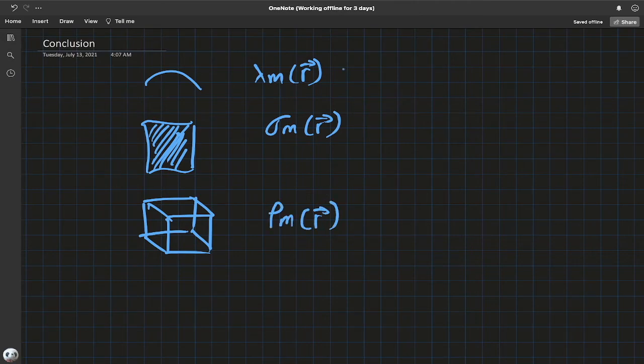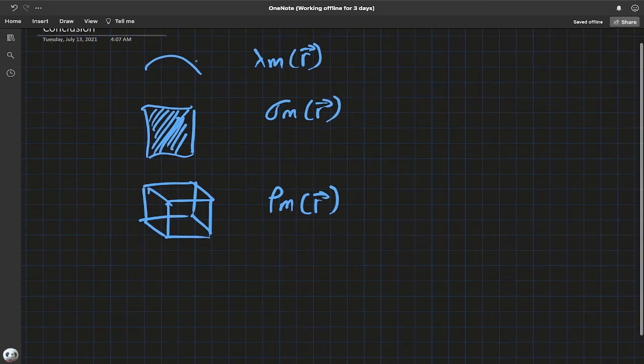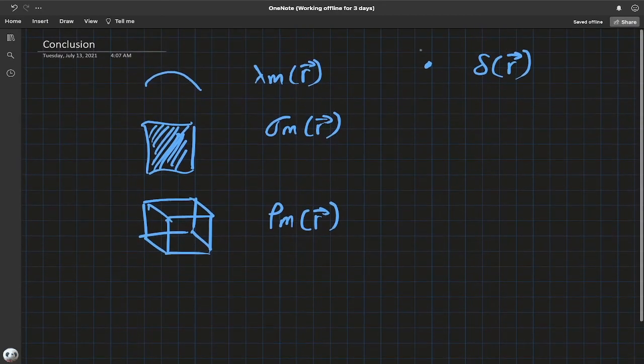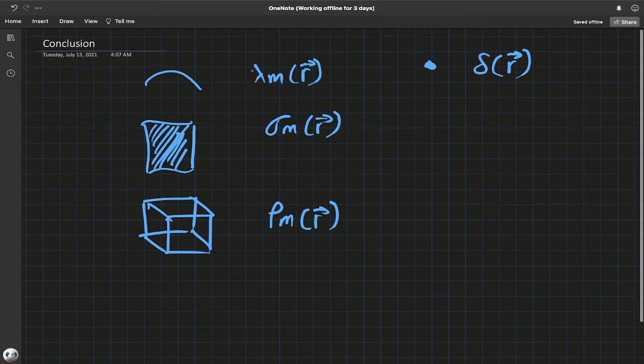The issue is we need to keep track of all these things depending on what kind of object we're actually considering. And of course, a point mass has a Dirac delta directly. So it actually depends on what we're talking about usually, and we need to choose them wisely. We need to keep track of each of them for different objects.